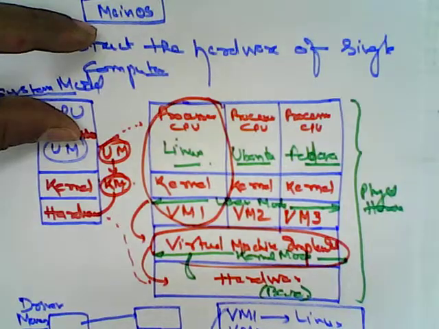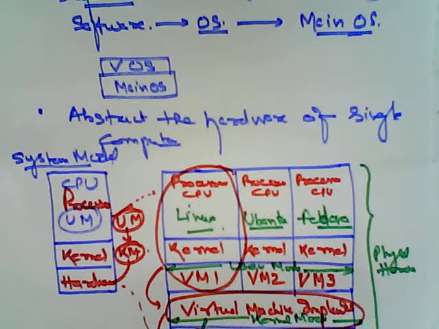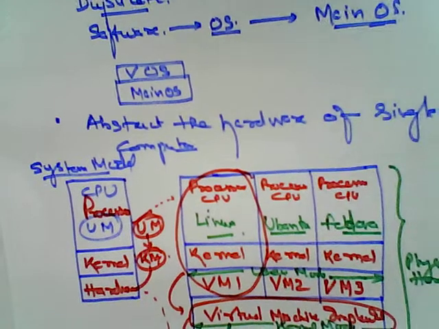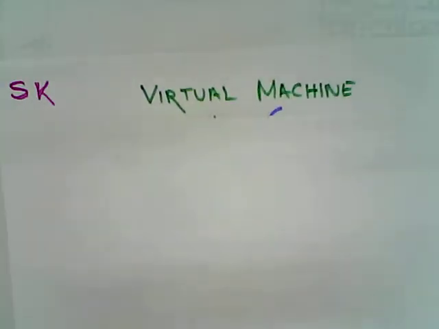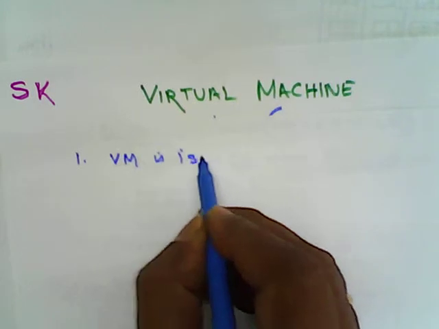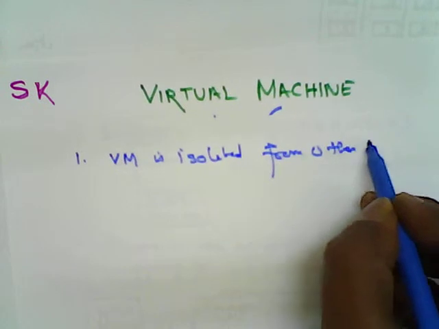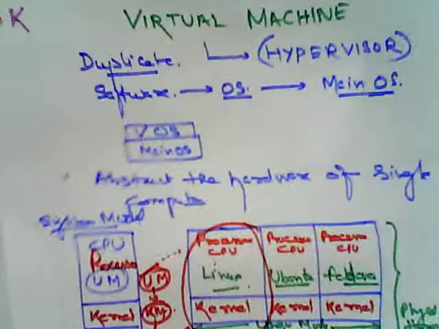And the advantage of virtual machines, if we look across, is that first, a virtual machine is isolated from other virtual machines. If you try to see, this is virtual machine 1, and it is not directly interacting with the other, so a separation is given.